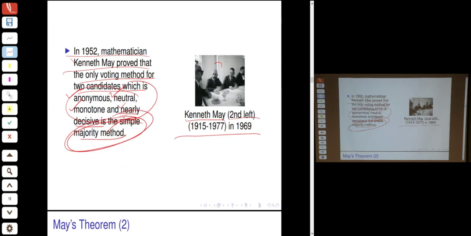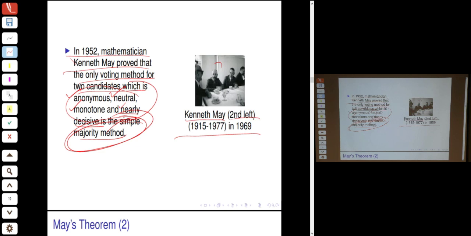So if there is a social choice function which is anonymous, neutral, monotone, and fully decisive, it has to be the simple majority method, since May's theorem says that is the only example of a nearly decisive one.